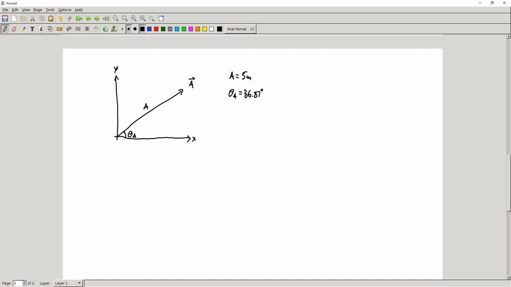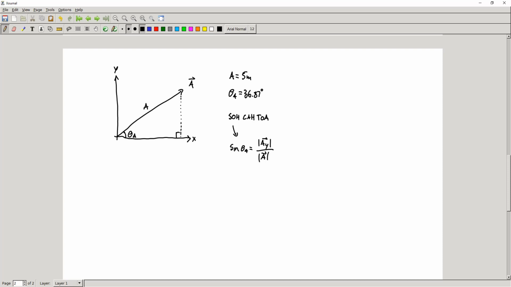Okay, so right away we can kind of see how we could do this. We just think about trigonometry, right? We can imagine just dropping a vertical down this way. This is going to be a right angle here. And then, whatever mnemonic you use, I use SOHCAHTOA, we can see that the sine of theta A is going to be equal to the magnitude of our vector A_y, over the magnitude of A. I'm going to define those in a second, but let's be careful here.